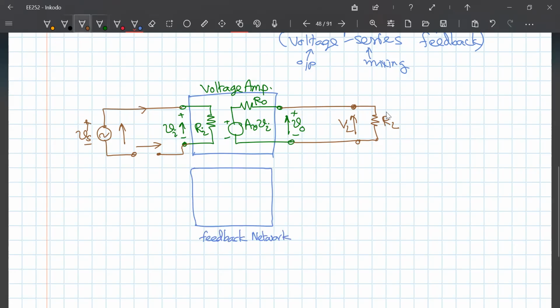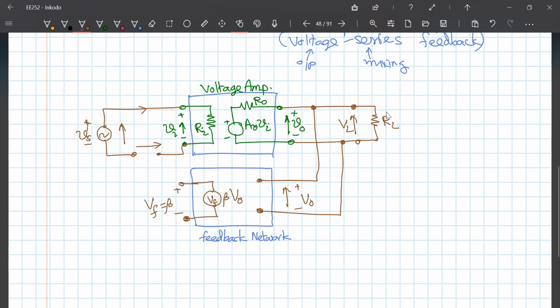So the same voltage that you have here applies here. The output of this should be a proportion of the input, so this should be beta times V out. Okay, so that is equal to Vf. So Vf equals beta V out.